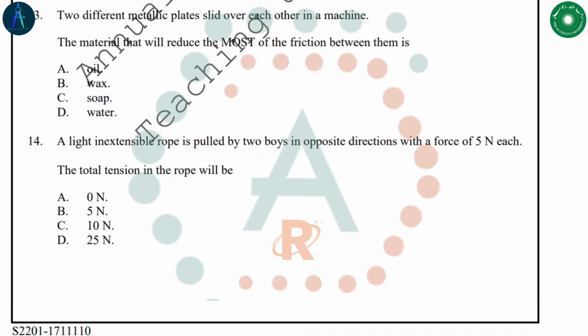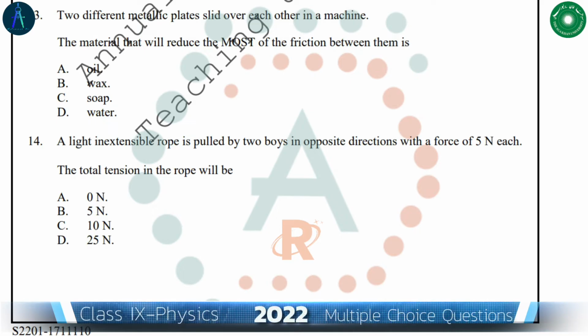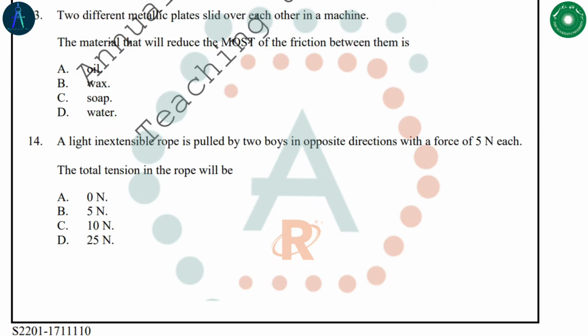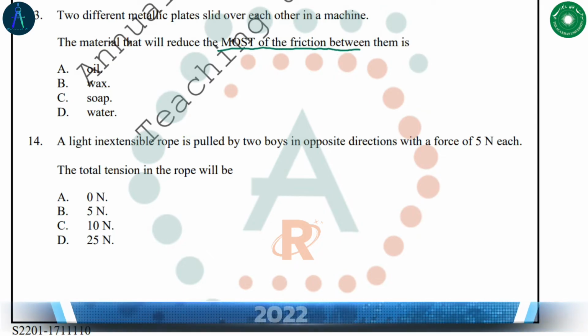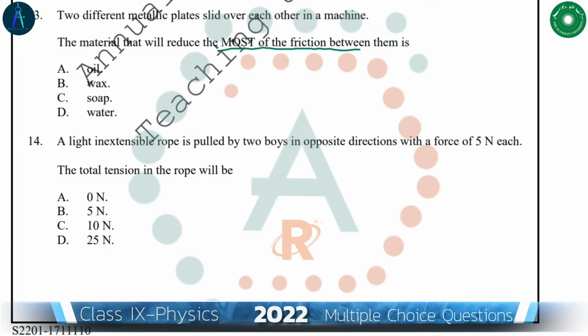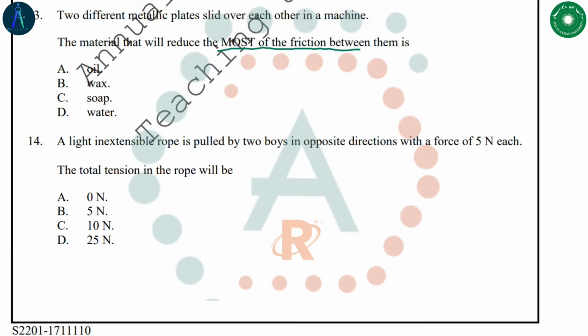Let's see question number 13. Two different metallic plates slide over each other in a machine. This means that there will be friction because two surfaces are sliding over each other. The material that will reduce most of the friction between them will be. So we know that some material like oil, lubrication, or making the surface smooth and slippery always reduces the friction.